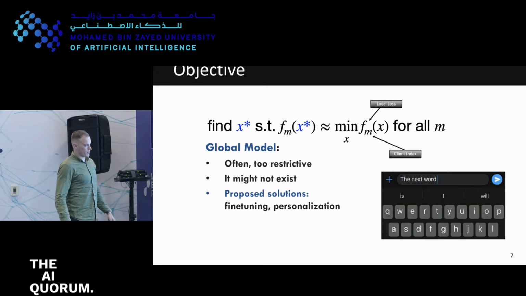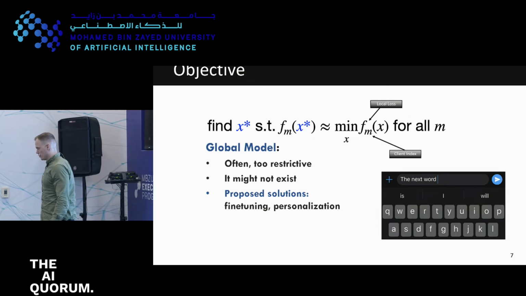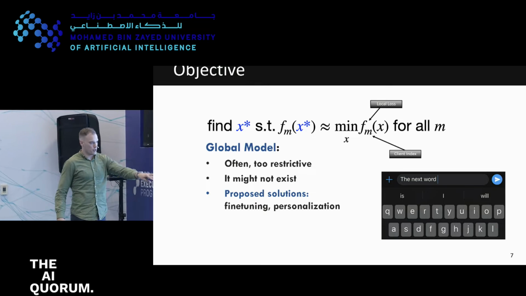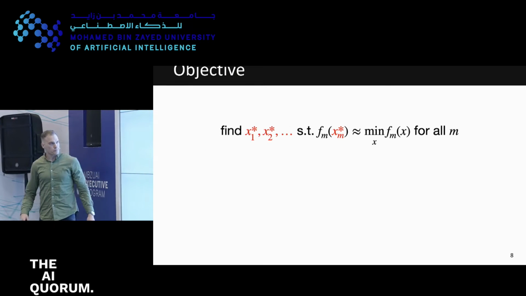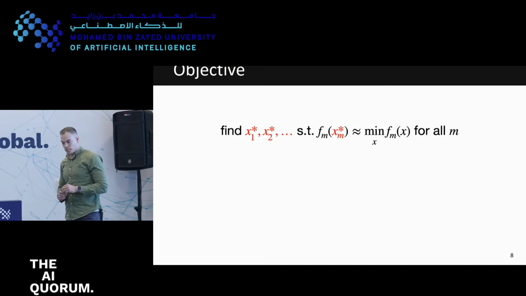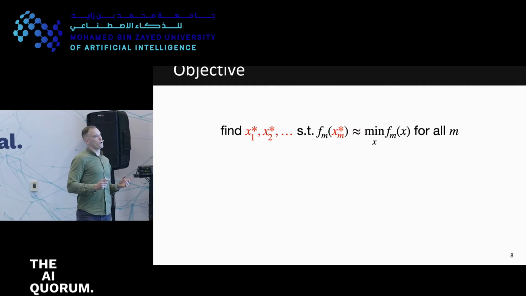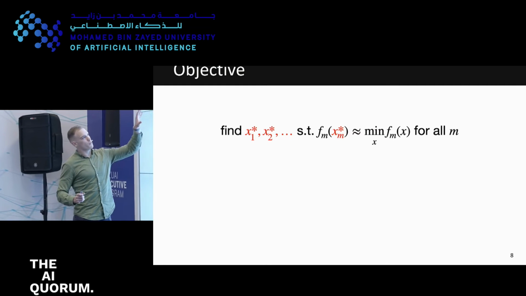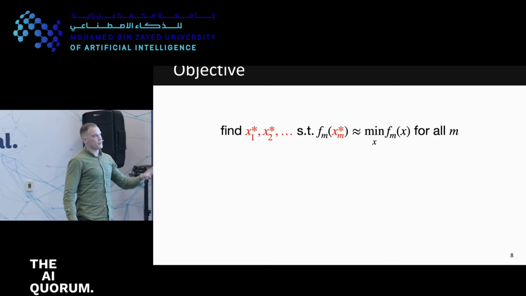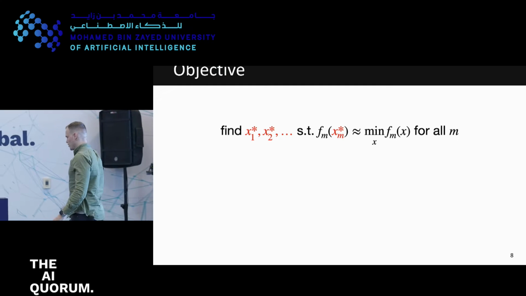In order to remedy these potential issues, a lot of work was done on fine-tuning and personalization, and in this talk I'll focus on the second. So how does the objective change when we have personalization? Instead of trying to find one good global model, we will try to find a good X star for each single client, such that it is as close as possible to the true minimizer for the client.